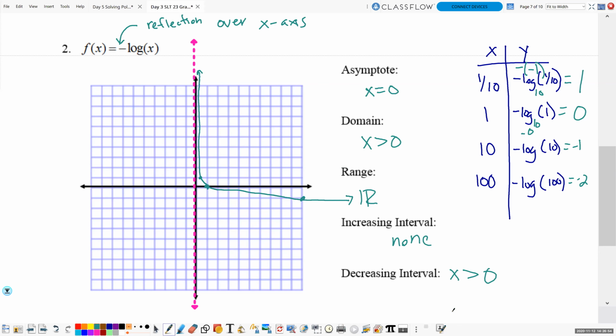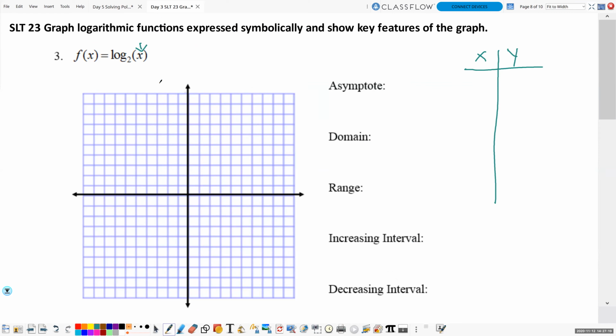Remember, we want to pick x values that make the argument, x is the argument, powers of the base. Lauren Clark, what's our base? It's 2. Give me some powers of 2. What's 2 to the first?